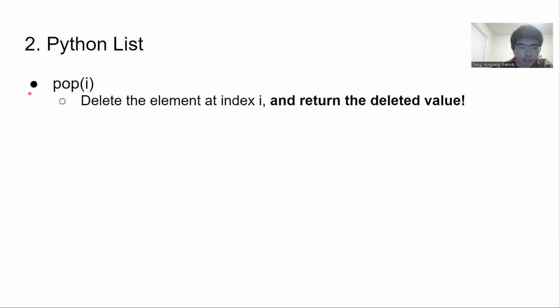But the pop method can also receive an index, because pop is to delete something. If you want to delete something at place 0, you pass in 0 to the pop method, and it will delete the value from the list at the corresponding place.